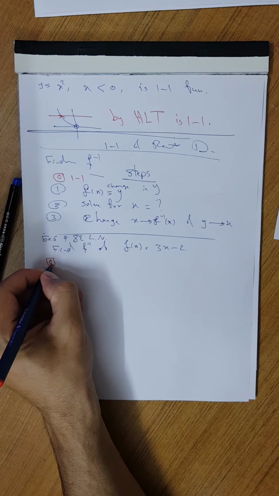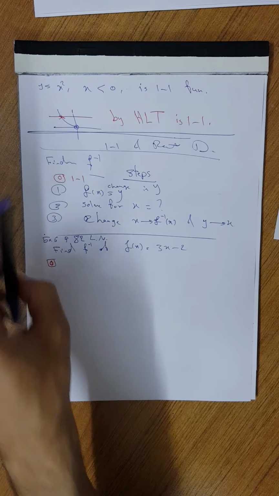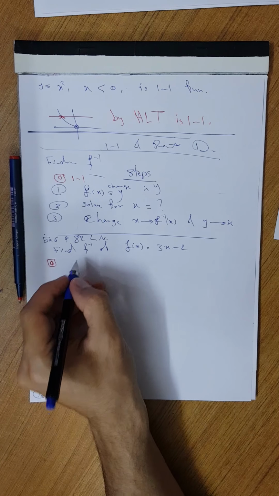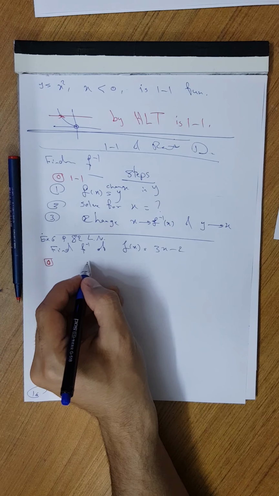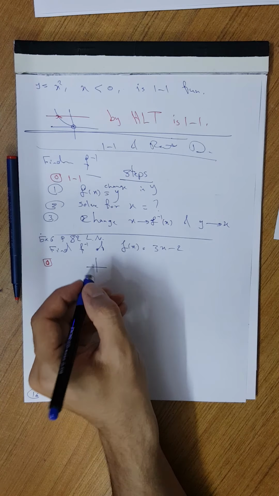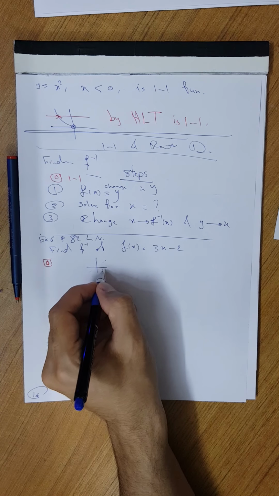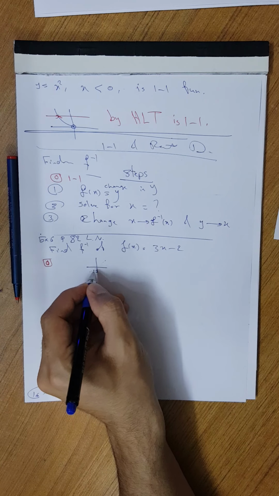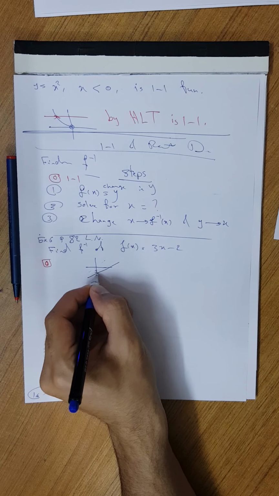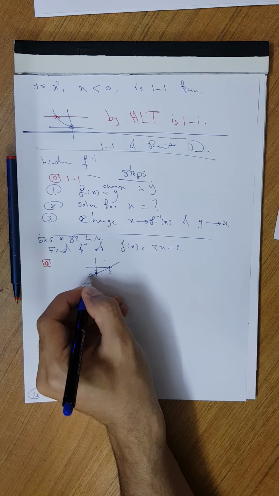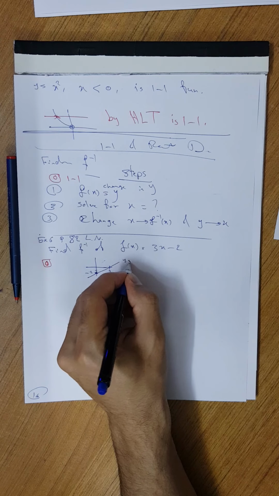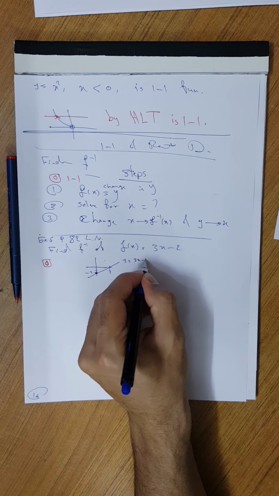So I say step 0, before starting. We have f of x equals 3x minus 2. This is the graph of 3x minus 2.